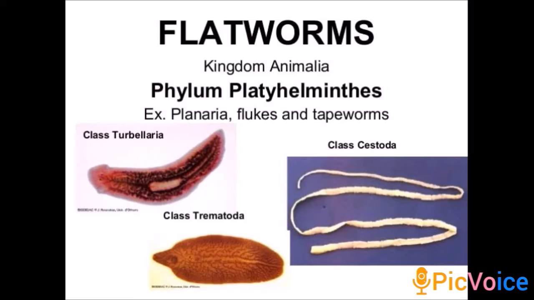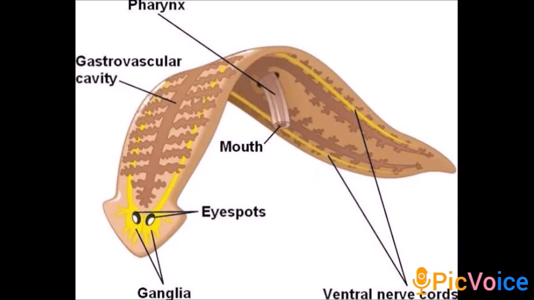Next phylum is phylum Platyhelminthes. These Platyhelminthes have flattened body structures, that is, on both the dorsal side and ventral side the body will be suppressed and it will be flat. That is why they are called flatworms. These flatworms are endoparasites.